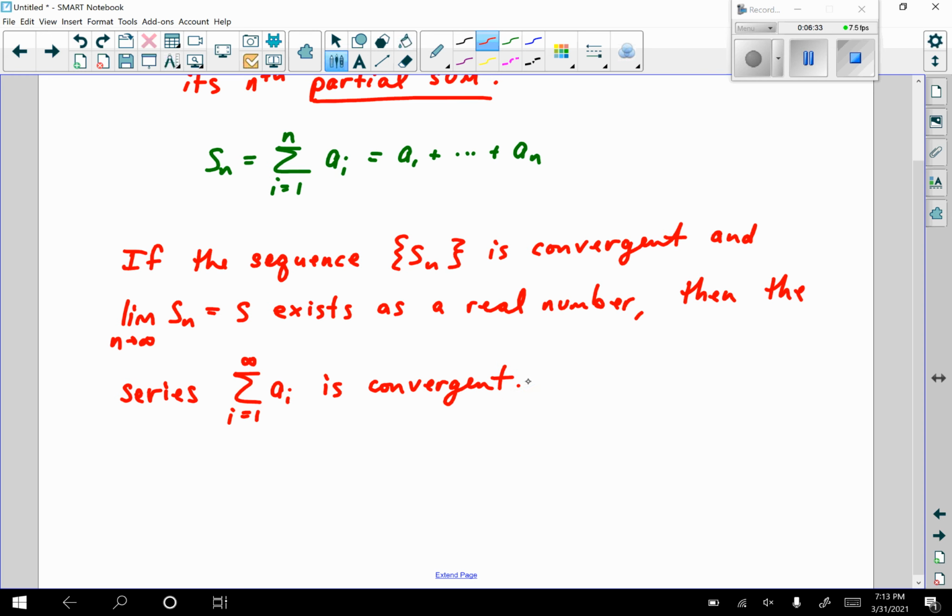So we could always go back to limits to help us figure out if a series is convergent.